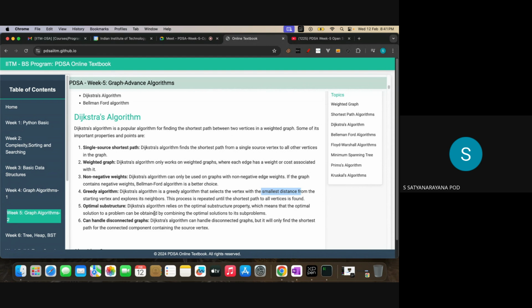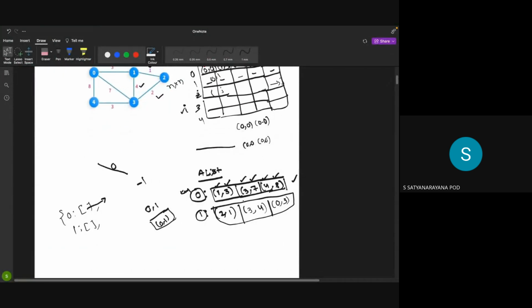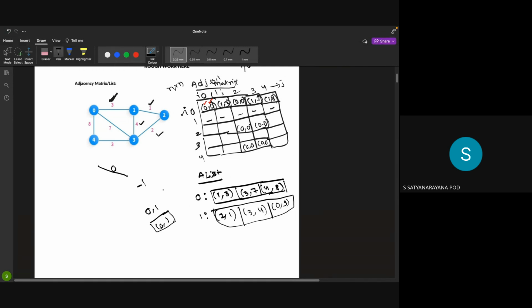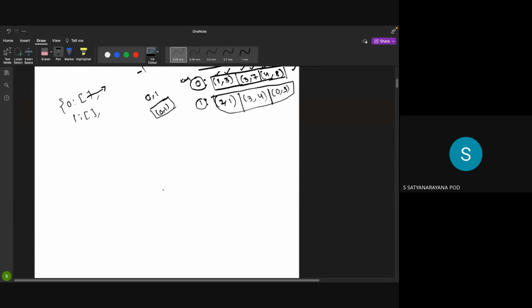Let me show you a disconnected graph. Please look here. We have a graph like this, with vertices 5, 6, and 7.